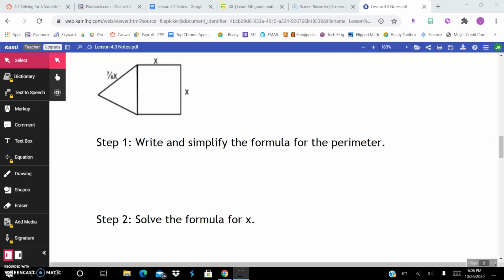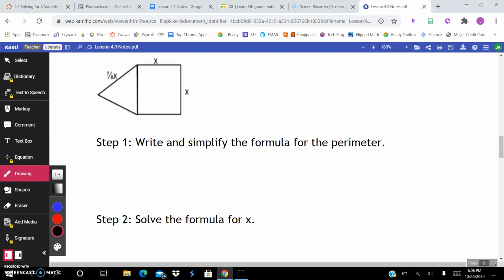For perimeter, we're going to add up the sides of our shape. And in order to do so, we have to figure out what those 2 missing sides are from our shape that are not labeled. So if that's a square at the bottom, if the top is X, then the bottom part has to be X. And it did say in the beginning part that this is an isosceles triangle, so that means that 2 sides are the same.